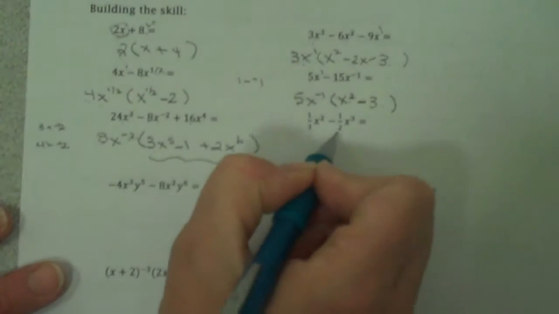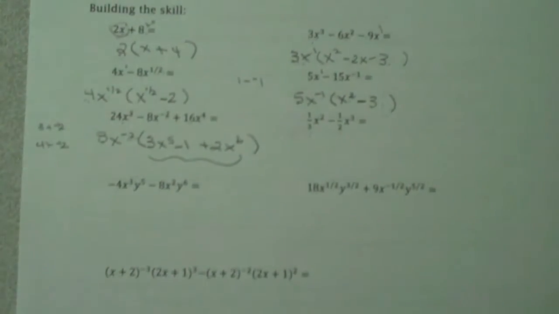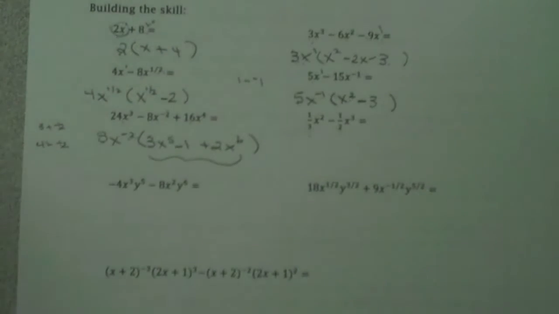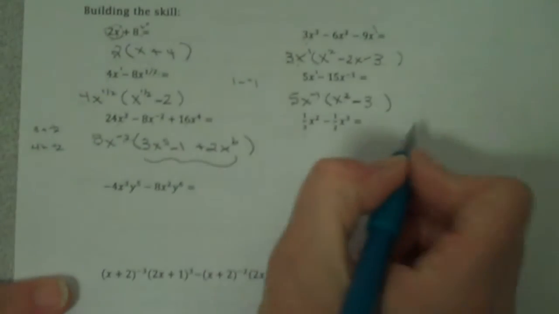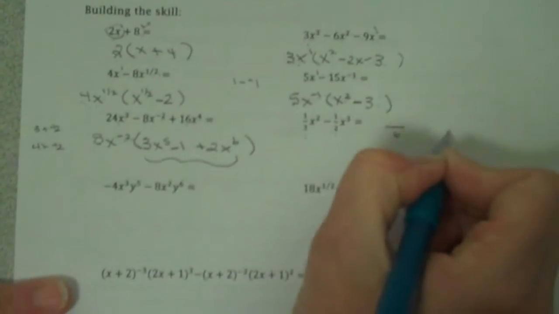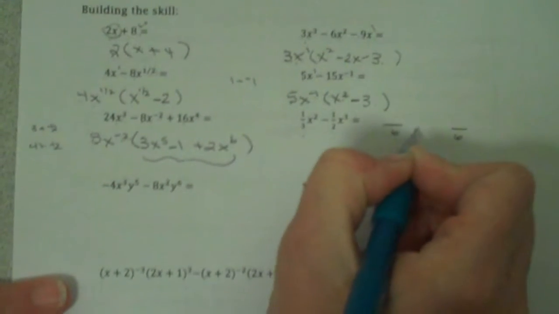So when we look at 1/3 and 1/2, we would like to take out the fractional part of that. Factor out a fraction that they both have in common. And the only way to determine that is to think about them with a common denominator.